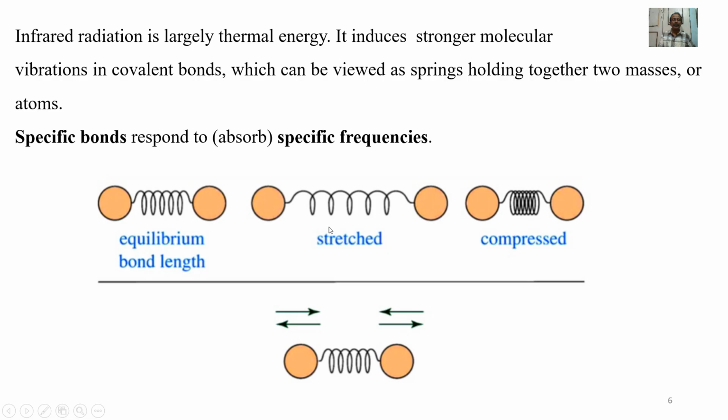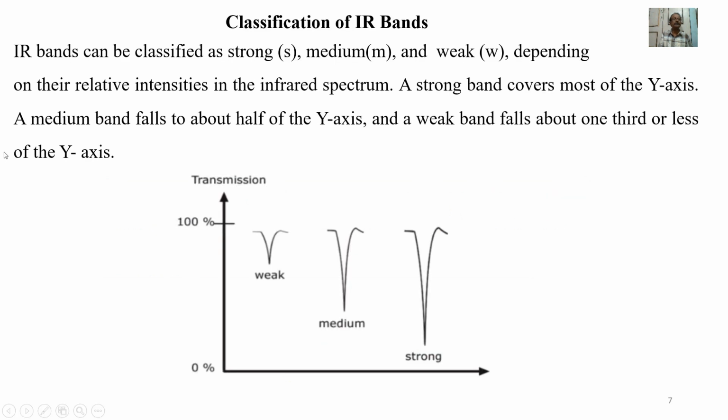And in a diatomic molecule, we have two atoms. It's like they are attached with a spring. We can visualize this, and this is our equilibrium bond length. We can stretch and we can compress, and it makes a linear harmonic oscillator. So this is nothing but vibration.